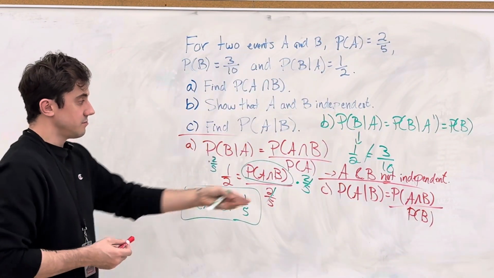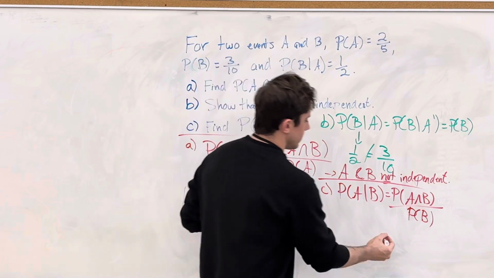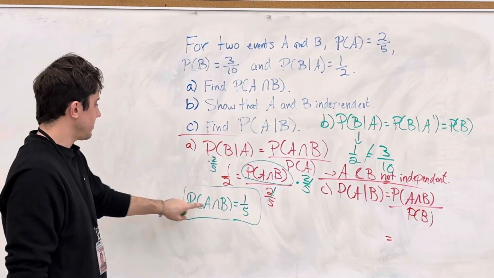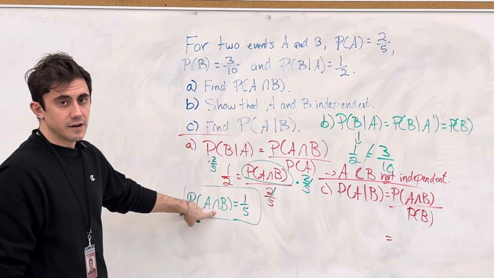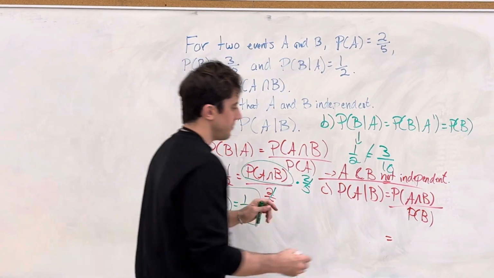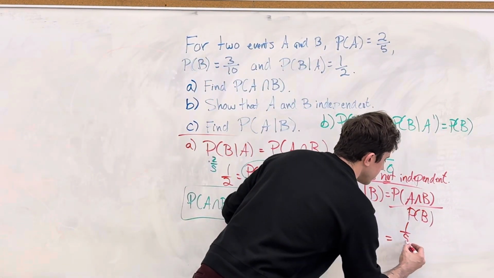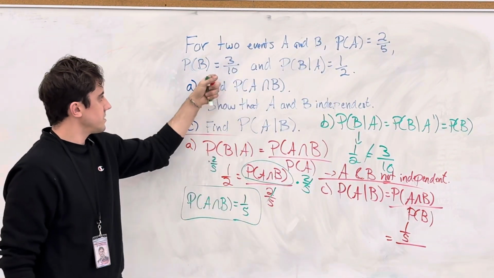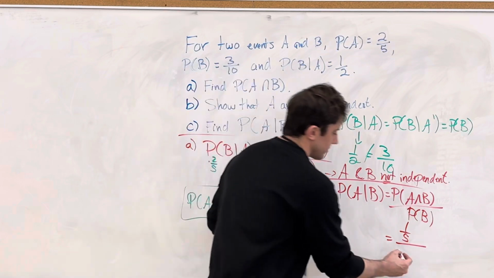And now we can actually compute this because we found the probability of A intersect B in part A of this question. We found that to be 1/5, and so that's our numerator. Divided by P of B, that's given to us up here as 3/10.